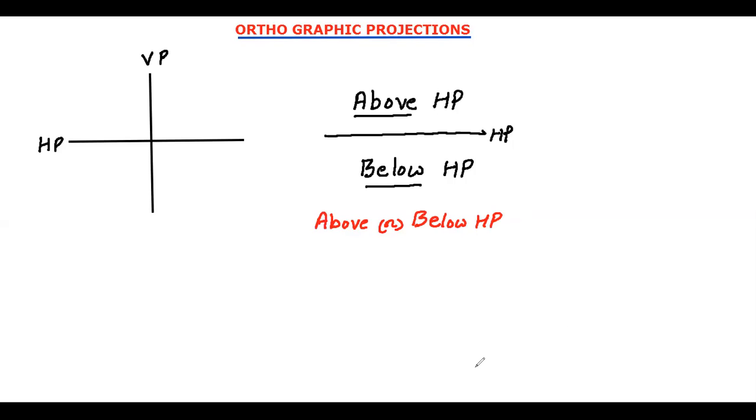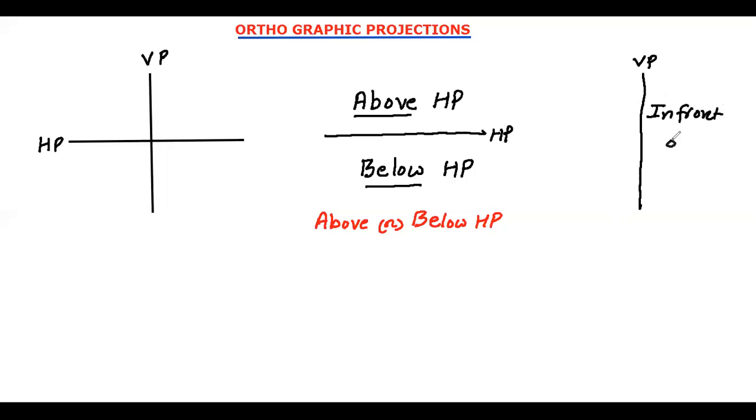Okay, dosto. Then, how do you define with respect to VP? Suppose I have a vertical plane. All the objects which are on this side are termed as in front of VP.